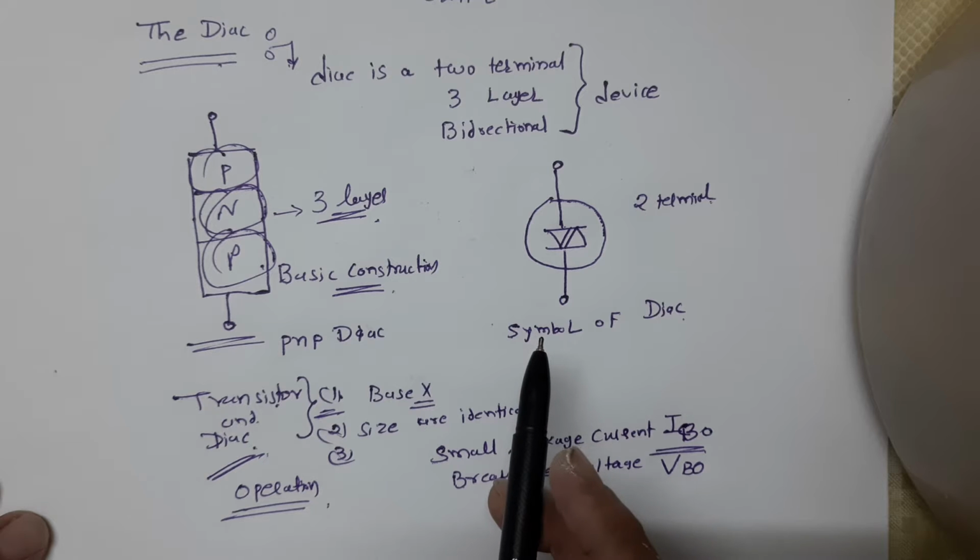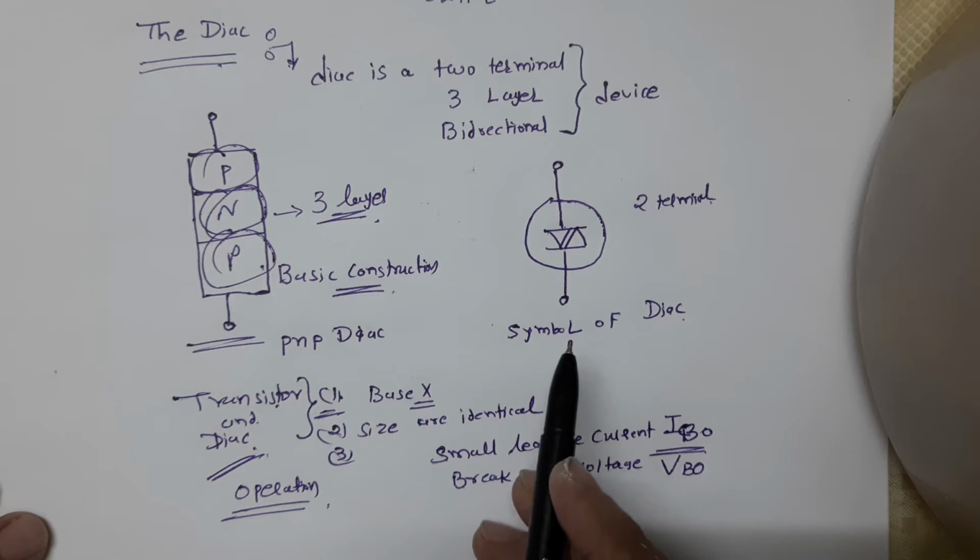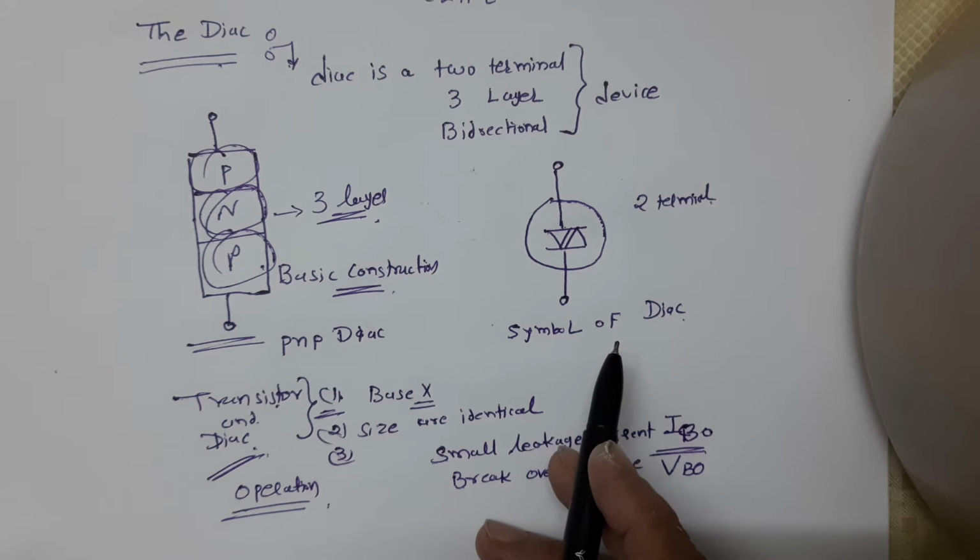As the applied voltage is increased, the leakage current will continue to flow until the voltage reaches the breakover voltage, VBO. At this point, avalanche breakdown of the reverse bias junction occurs and the device exhibits negative resistance. That means the current through the device increases with the decreasing value of the applied voltage.